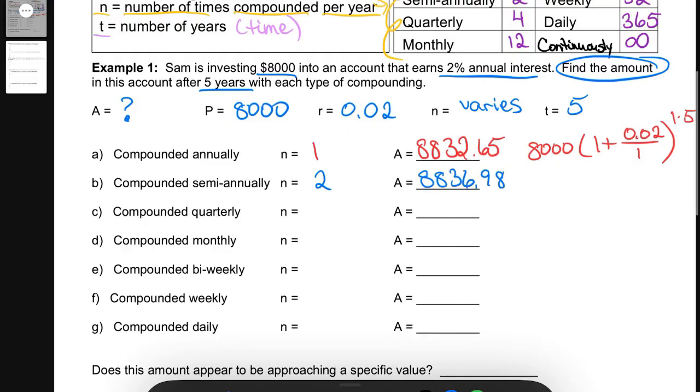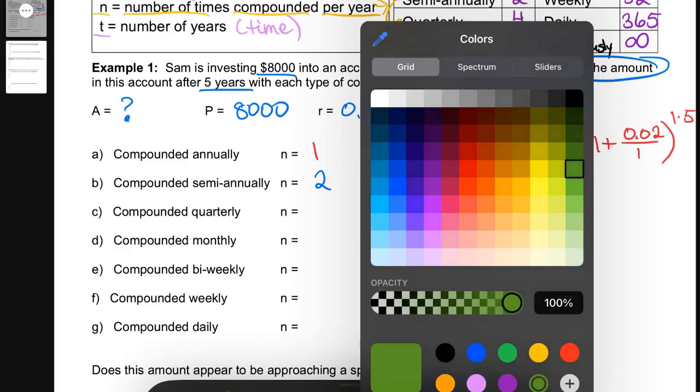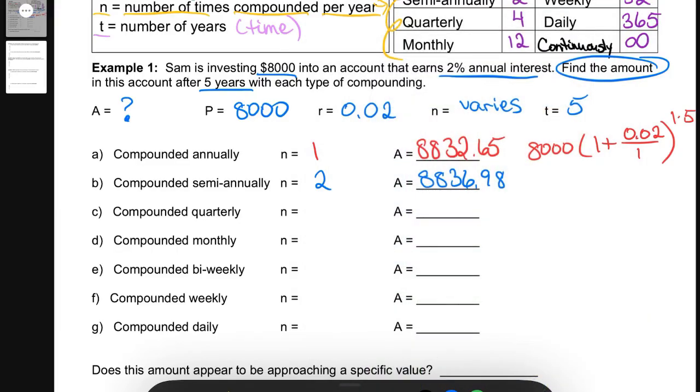So we see that got us a little more money because we added interest twice a year instead of just once a year. The interest we added the first time helps the account earn even more interest the next time.